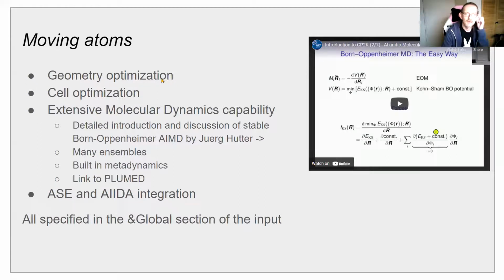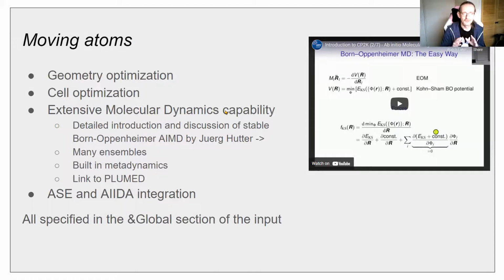I'll cut down the detail a little bit here. There are all the standard options you expect for moving the atoms. There are the ways of minimizing the electronic structure at a given position, this OT or diagonalization. Both of those scale asymptotically as n cubed with the number of atoms and basis functions in the system, but the prefactor is small.